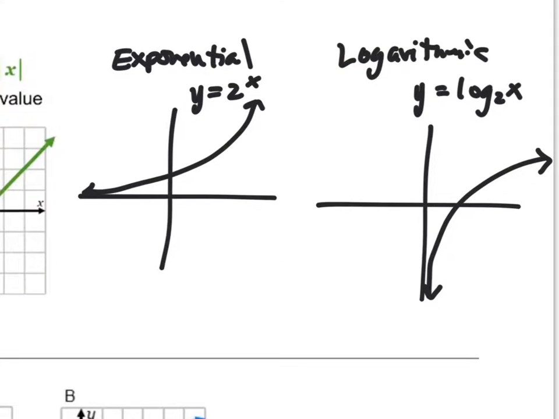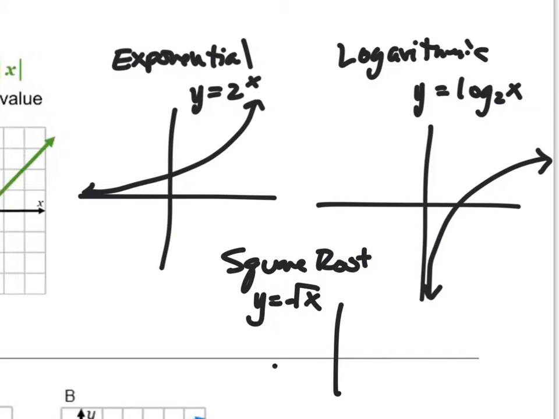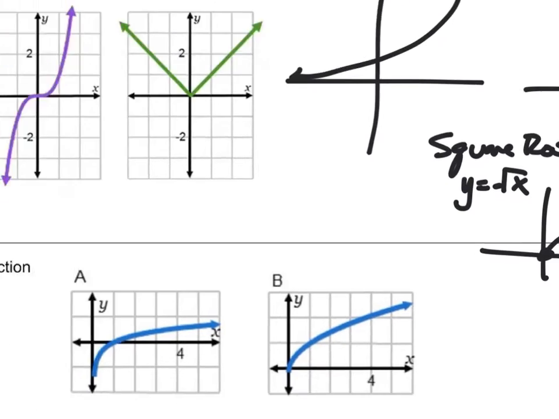The next one is the square root, y equals the square root of x, and that graph would look like this. We just need to know the general shape of the graph, not necessarily technical exact points. It always helps when we do. Some of them we will need to know, but not necessarily every single one.